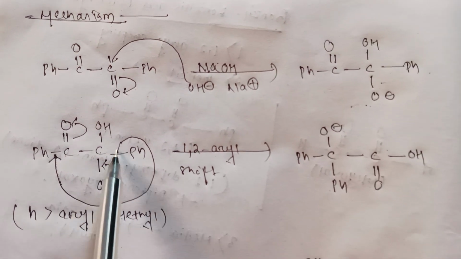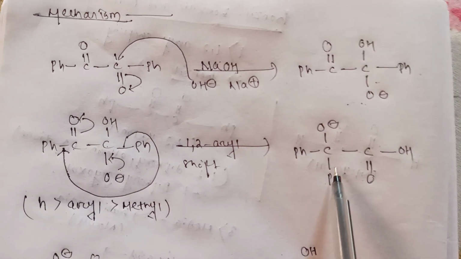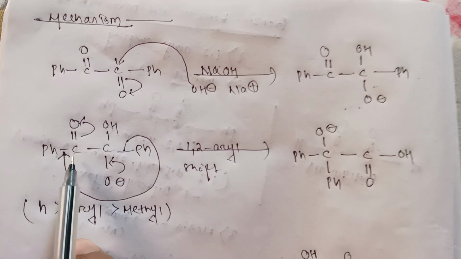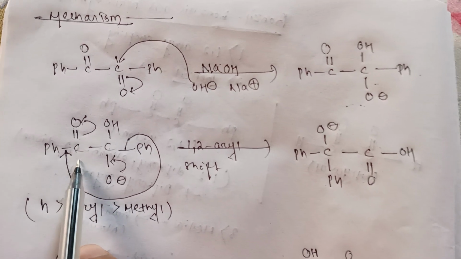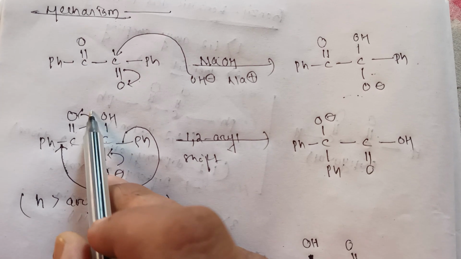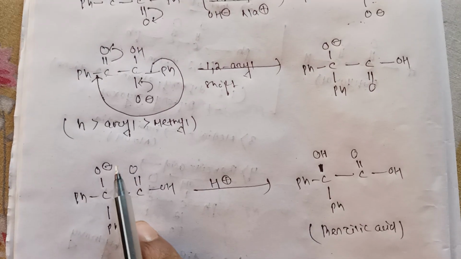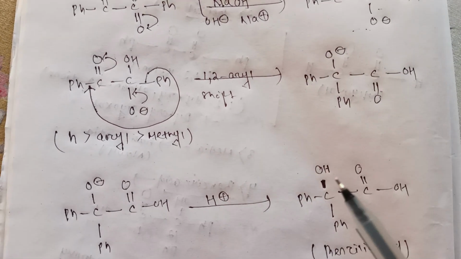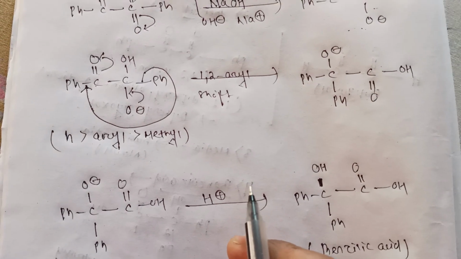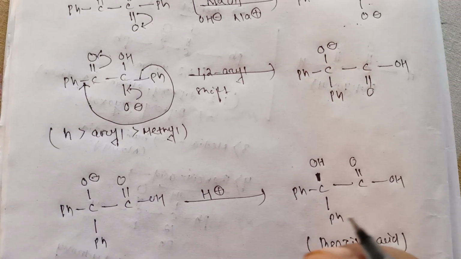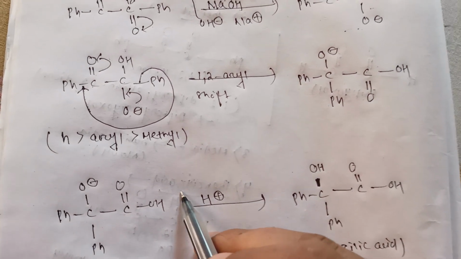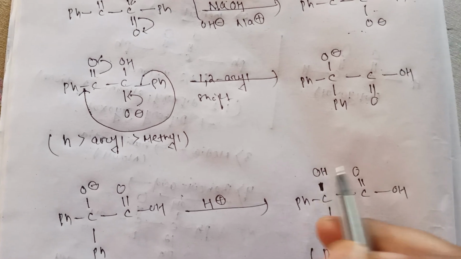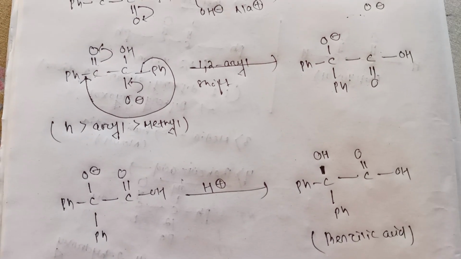Then the phenyl shift takes place, and since carbon has already formed 4 bonds, a fifth bond would form, so carbon pushes its electrons toward oxygen. Again this oxygen gets a minus charge, and an H plus ion binds to it. Since water is present in the reaction, the H plus ion comes and binds, so the final product, benzilic acid, is formed.